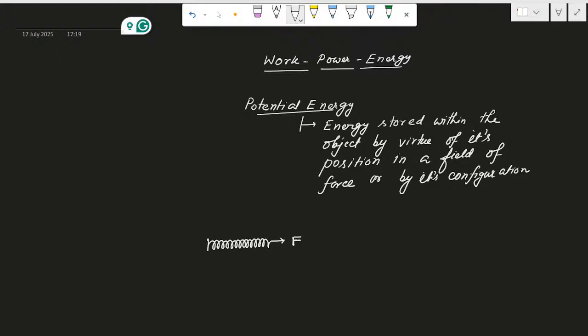See, if we apply force in this direction, what will happen? This spring gets stretched in this direction. Therefore there will be a change in the length.